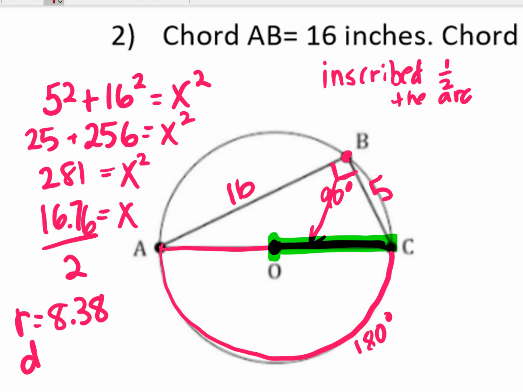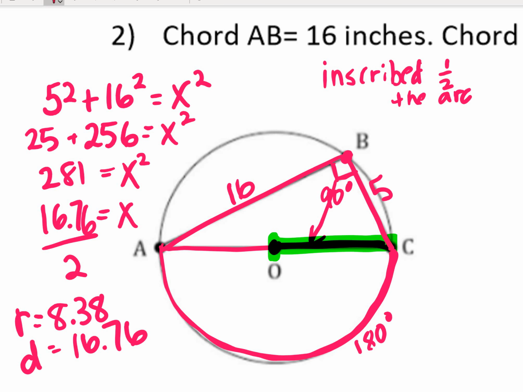My diameter, it also wanted, is 16.76. Okay, so the key thing here, an inscribed angle is on the circle, and we want to often look at the arc that it is intercepting to do our problems a lot of times with these.